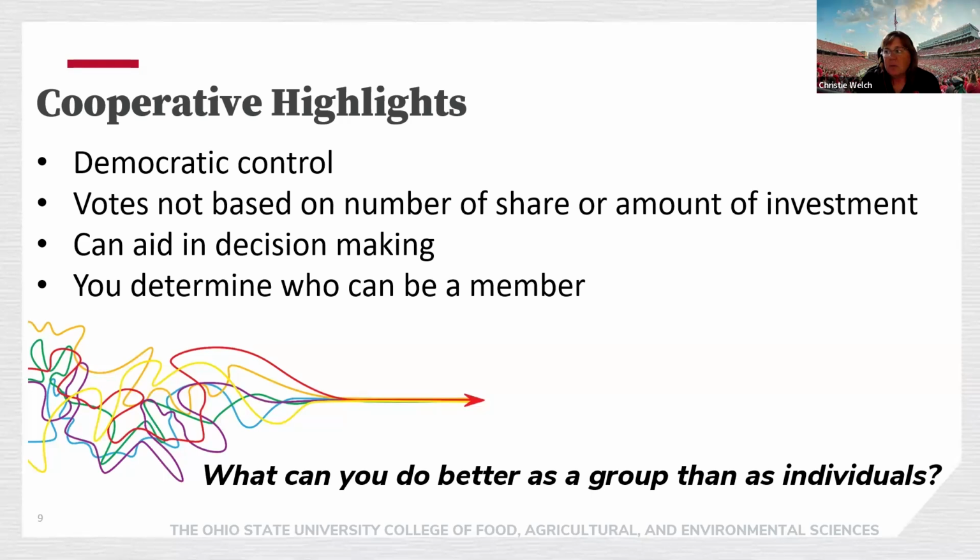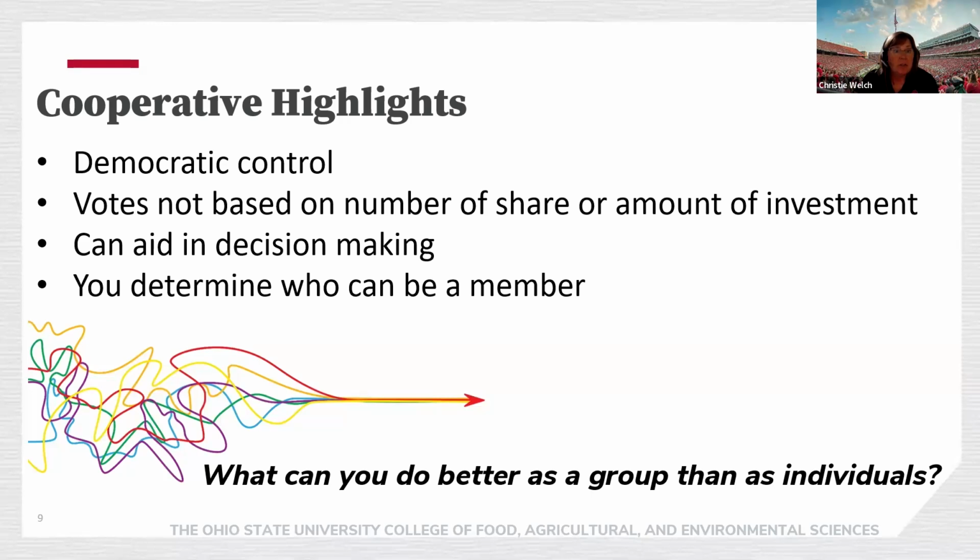The other thing I think that was really helpful for that was, when you form a cooperative, and Hannah, you're the legal expert, so if I misspeak, please correct me, but you can set who members of your organization can be. And so again, for us, you had to be a vendor at the farmers market to be a member of the association.